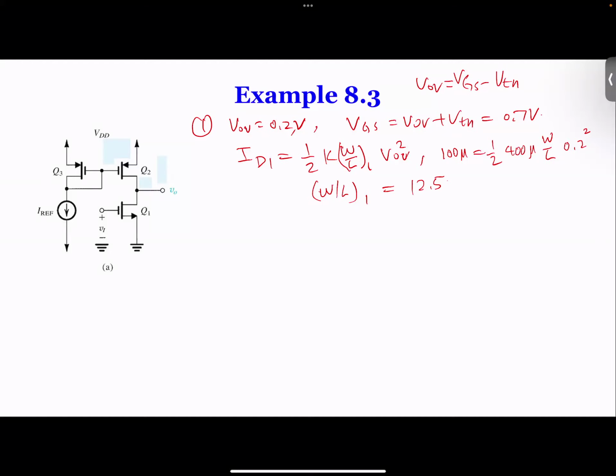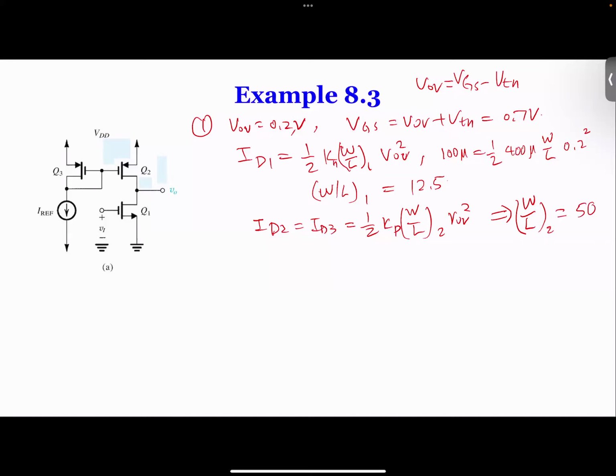The other way, the hard way, is to use KP instead of KN, and W over L of 2, times VOV squared. Now you plug in the numbers, because KP is 4 times smaller, so W over L is going to be 4 times bigger. I believe it's 50. Yeah, it's 50.